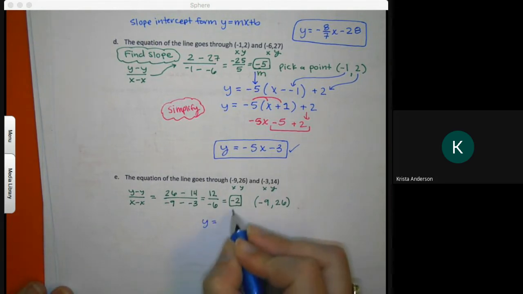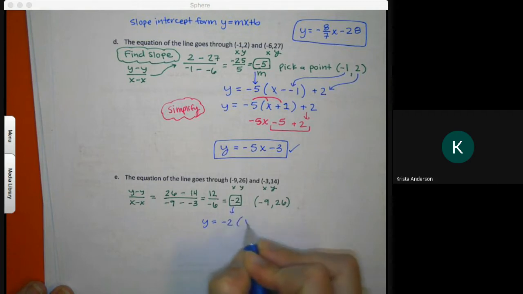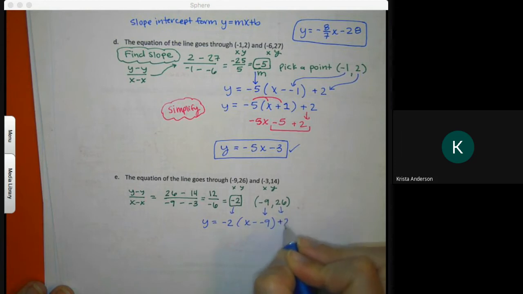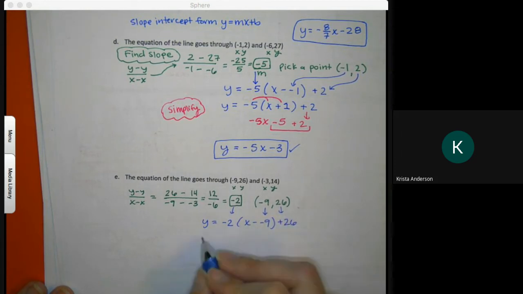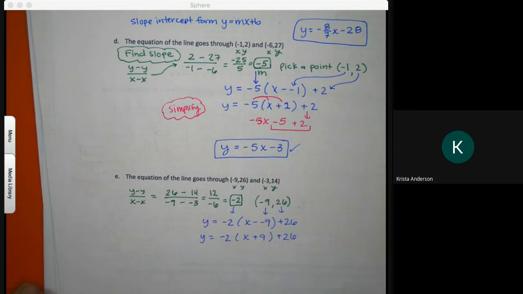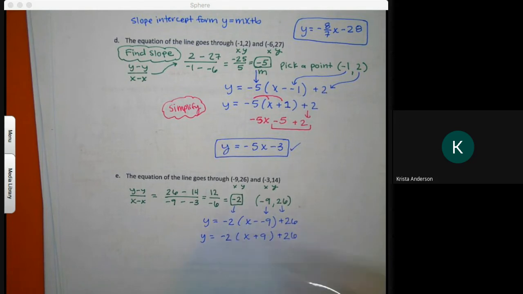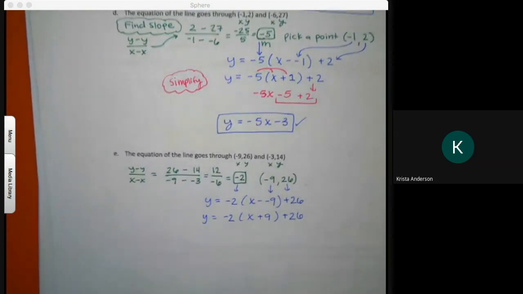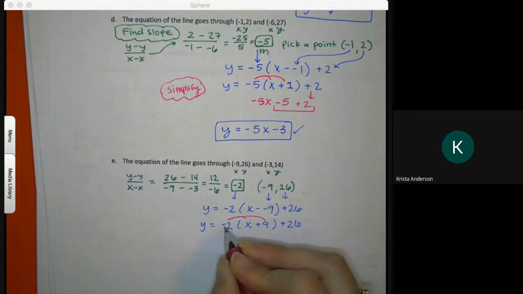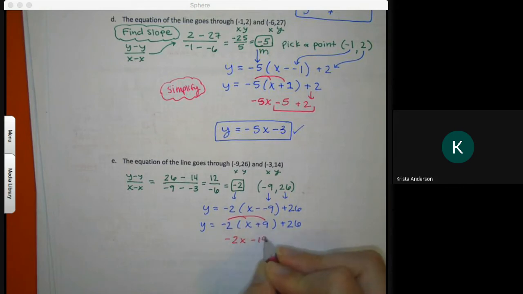I have -2 times x minus a -9, plus 26. The double negatives make it into a plus. Then we distribute. -2 times x is -2x. -2 times 9 is -18.